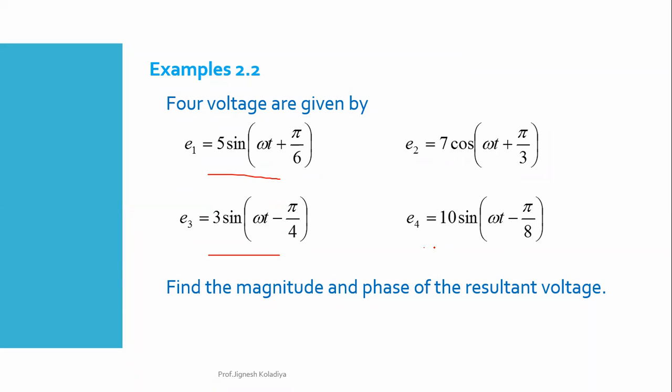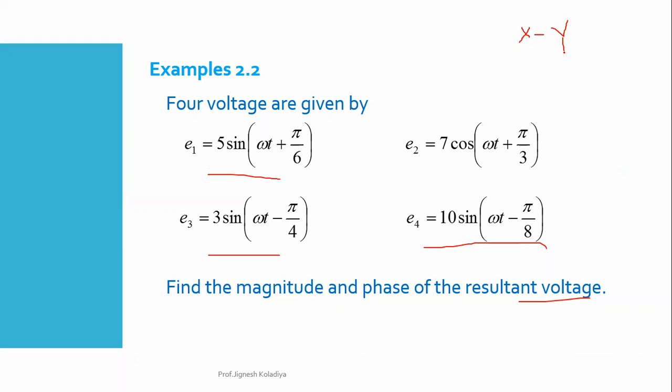And E4 is 10 sine omega t minus pi by 8. Find the magnitude and phase of resultant voltage. Is any method name given? No. And I told you that if method is not specified, you have to try to use XY component method.